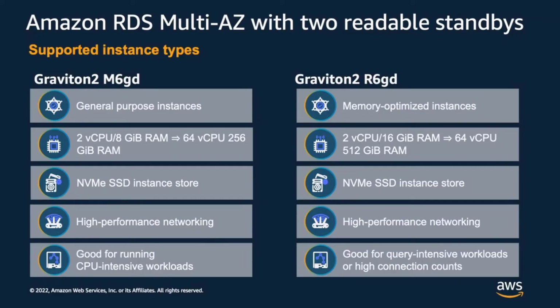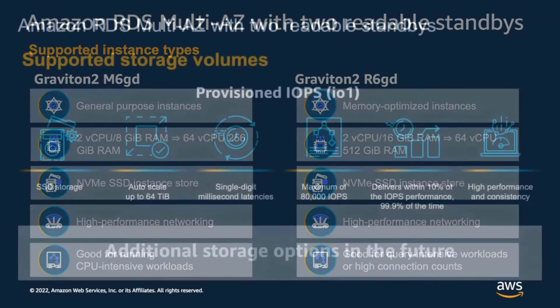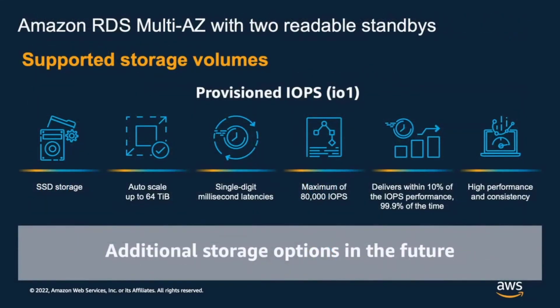Both these instance types are supported by NVMe SSD instance store. The storage volume supported for multi-AZ DB clusters is provisioned IOPS, io1. So this is SSD storage that lets you provision IOPS independently so that you can tune your application to what you need.